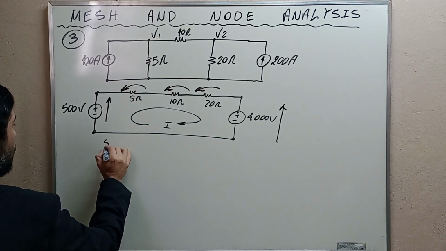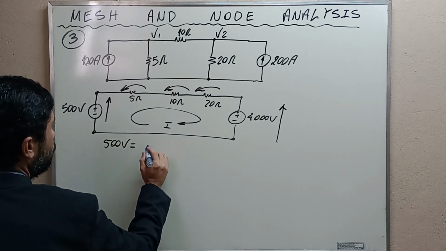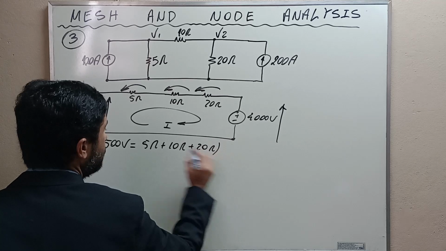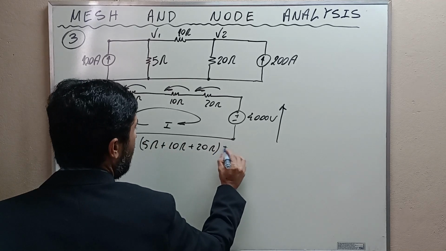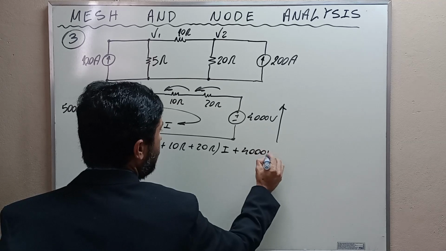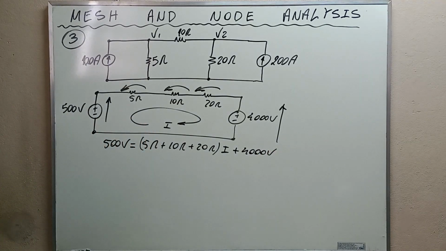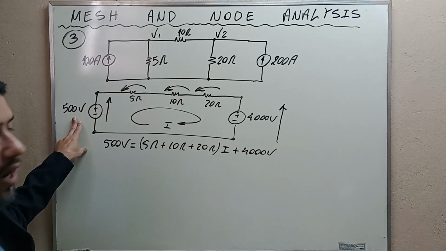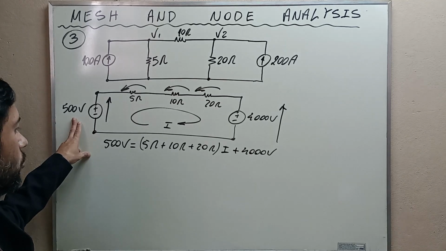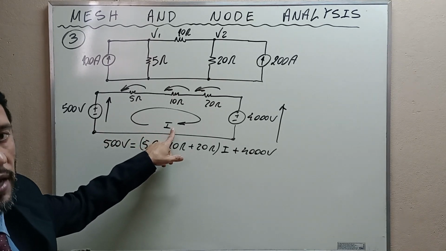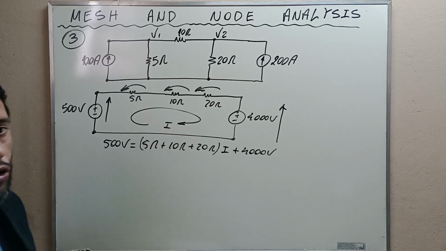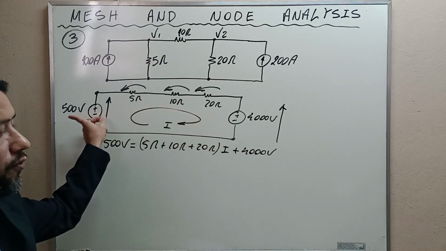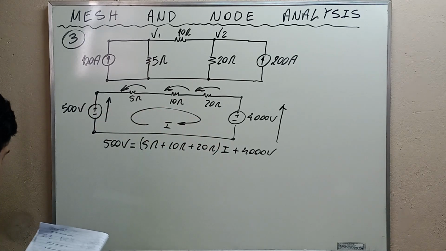So 500 volts is equal to 5 ohms plus 10 ohms plus 20 ohms times I plus 4,000 volts. Of course, 4,000 volts is larger than 500 volts. We are going to find a negative value for the current, but we can do this. The negative sign, of course, means that the current actually flows in the opposite direction.